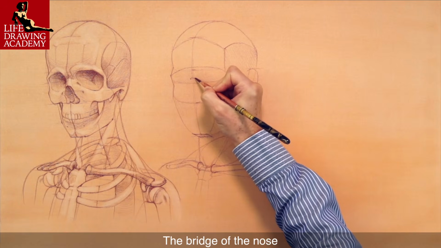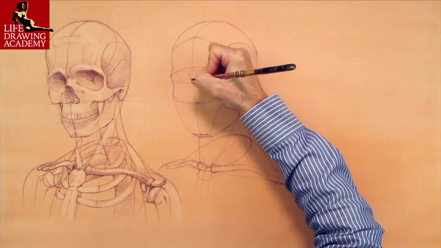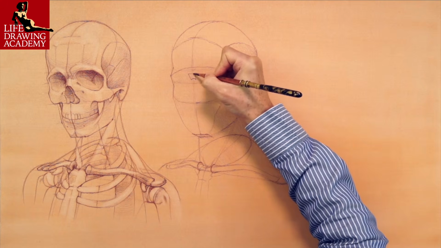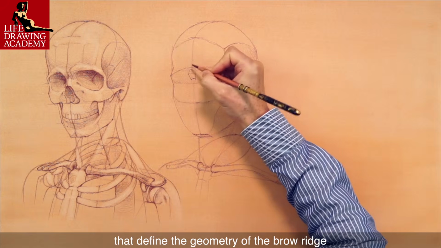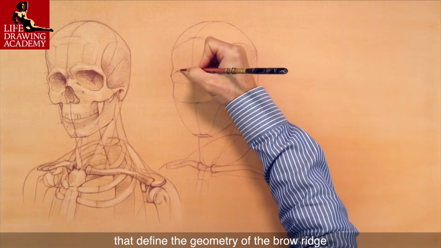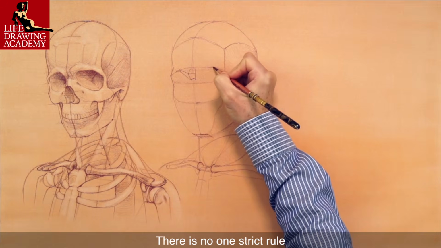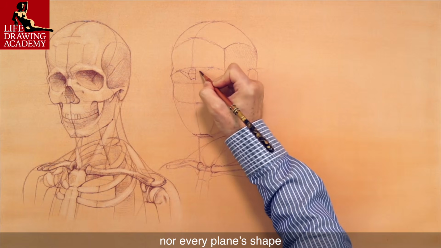The bridge of the nose is approximately on the same level as the upper eyelids. There are several small planes above that line that depict the geometry of the brow ridge. There is no one strict rule about how many planes of a face there are, nor every plane shape.